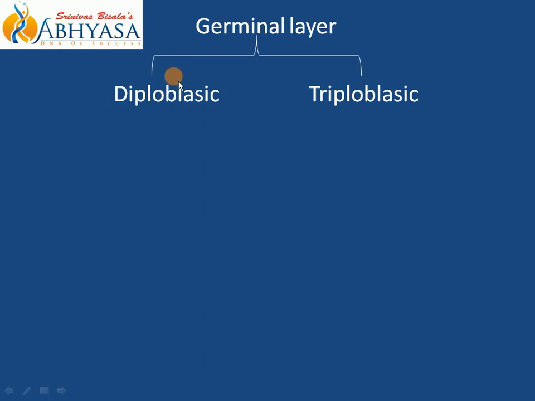As you could see, diplo has di, here triplo will have tri. So something is present in 2 in number, while here it is 3 in number. And what is that something? It is blastic. My mistake, I have written it wrongly here. It should be blastic. Okay, diploblastic. The T alphabet is missing here.